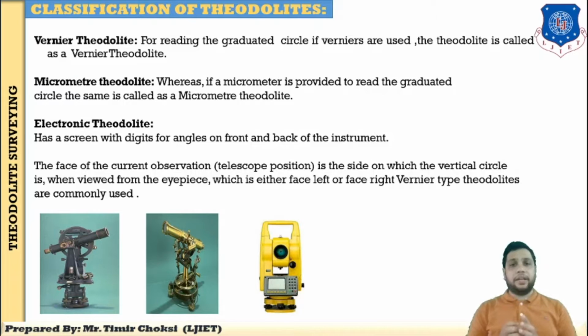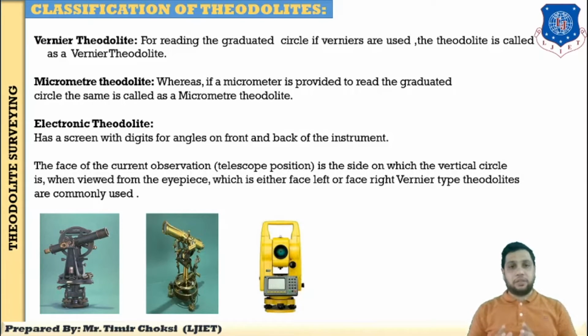The vernier theodolite is the most used instrument nowadays. Second is the micrometer theodolite, where if a micrometer is provided to read the graduated circle, it is called the micrometer theodolite. And last is the electronic theodolite.